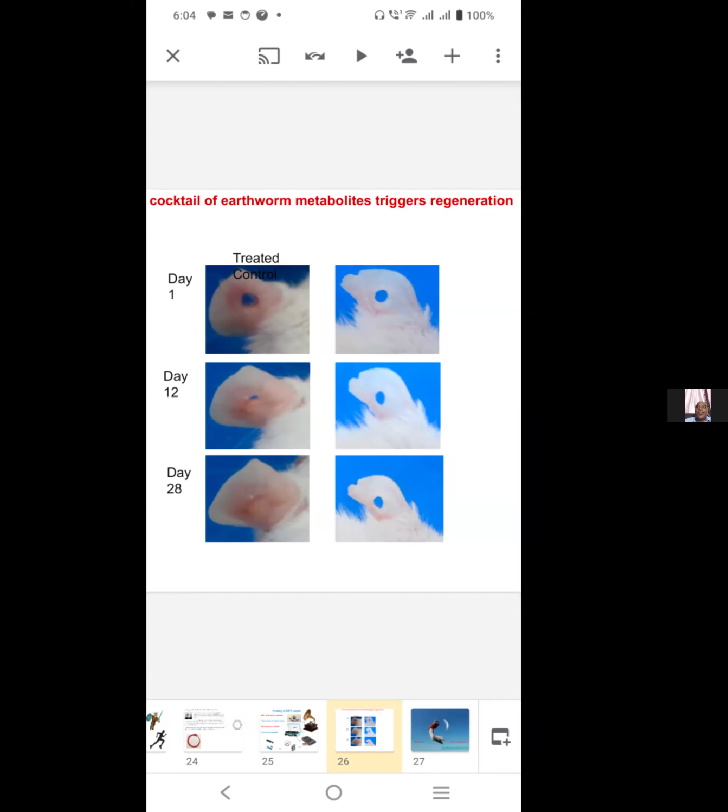Those molecules can be utilized for better treatment for human healthcare. That's our wish, and we have some data in this area, as I showed here, and I hope we can come up with a product to help people.